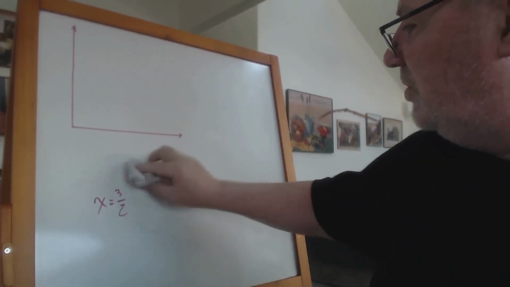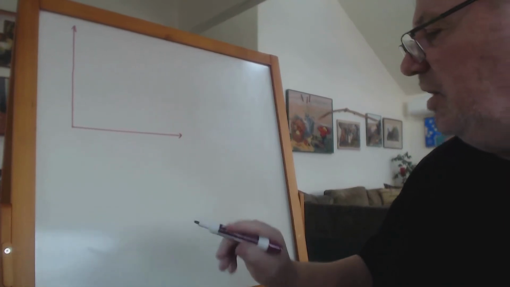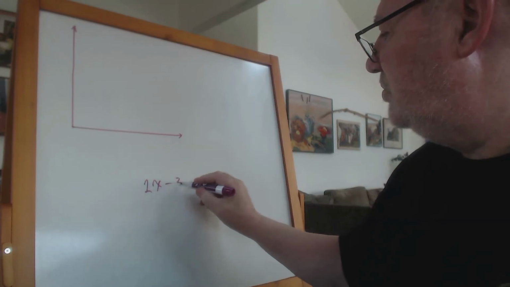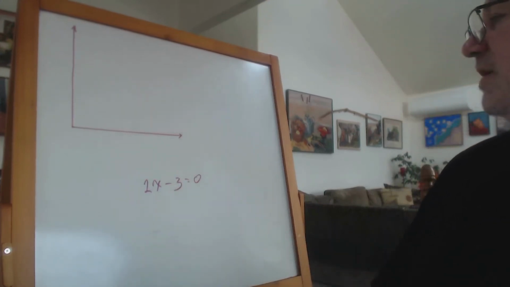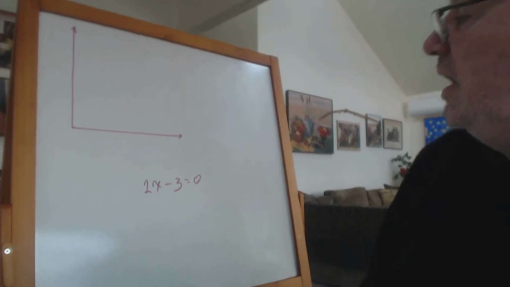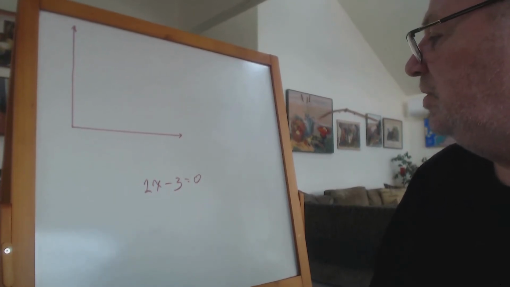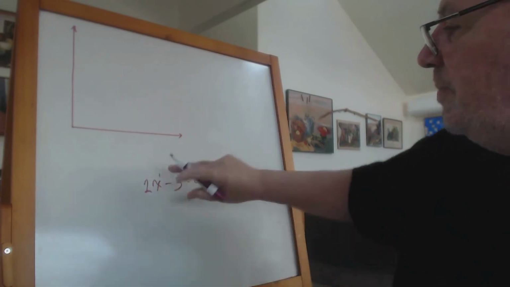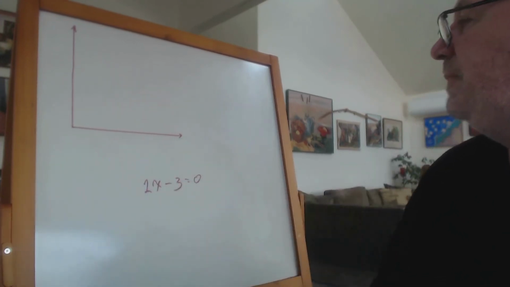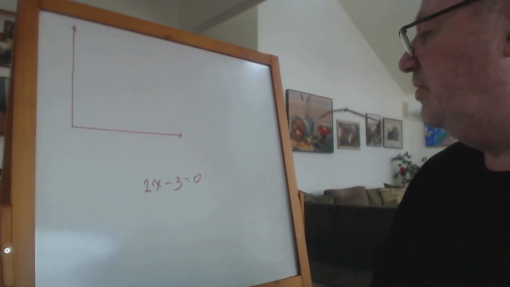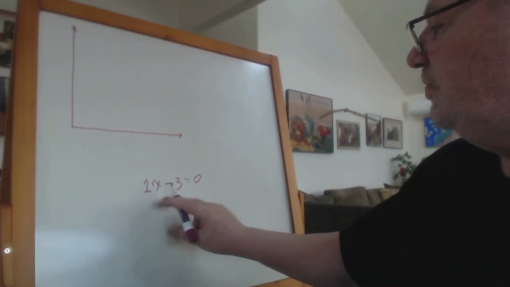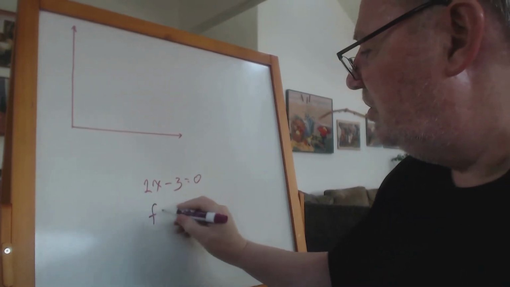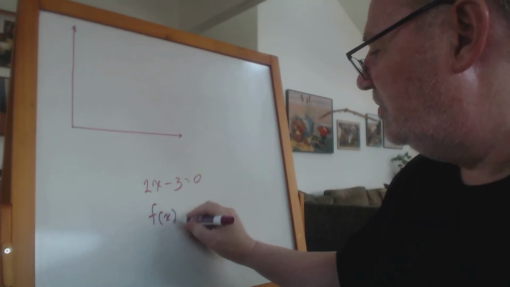But I also mentioned that 2x minus 3 equals 0 is also what we call a linear equation, because x is only a power of 1. And we can think of this as a function of x.